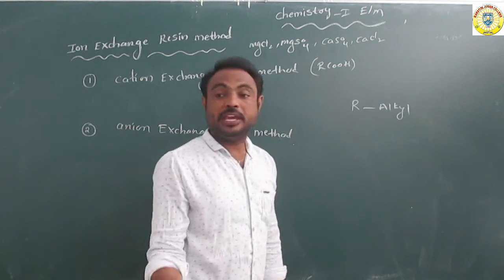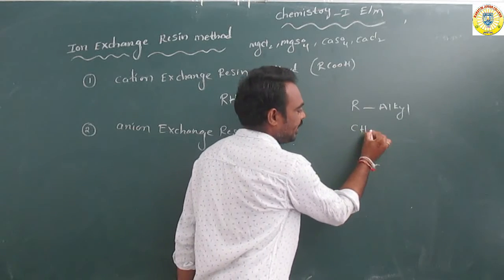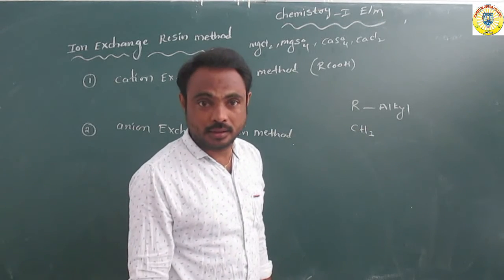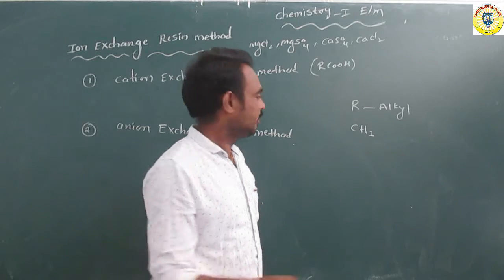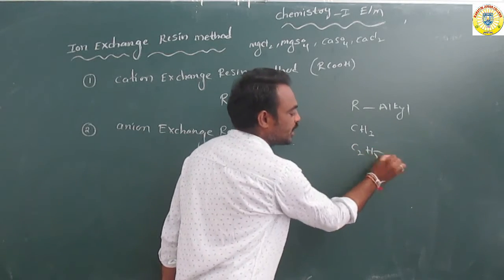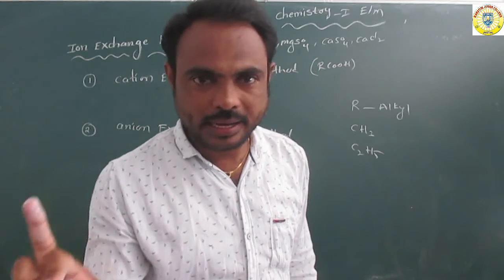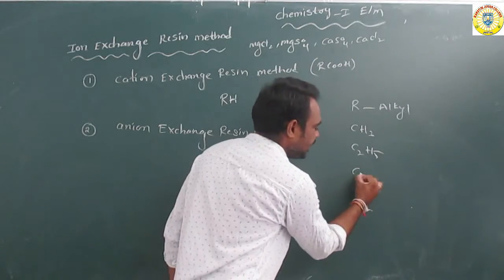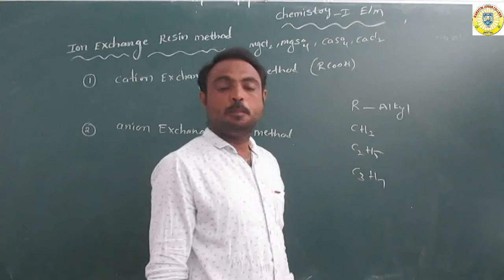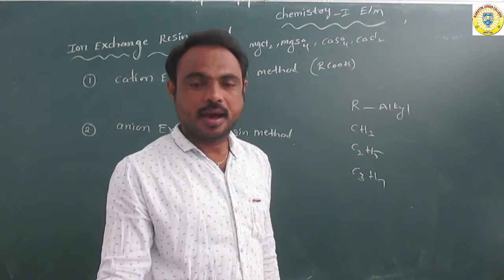Alkyl means CH3, methyl, or C2H5, ethyl, or C3H7, propyl.